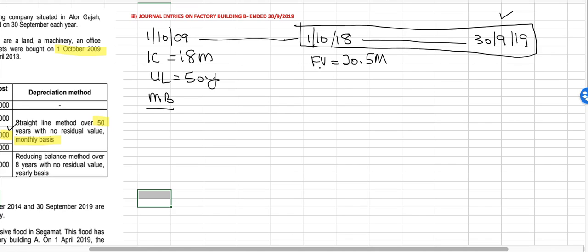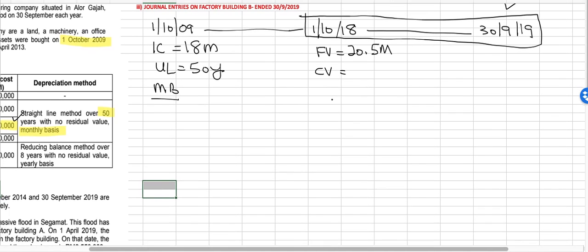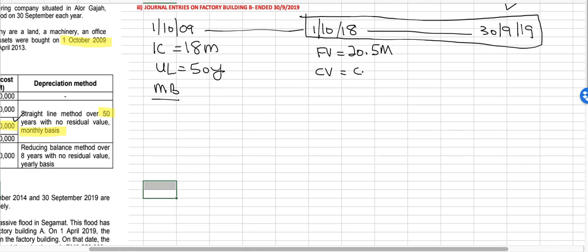When you revalue, you compare the fair value with the carrying value. Carrying value is cost minus accumulated depreciation. So we have cost of 18 million minus accumulated depreciation, from the date you purchase up to when you revalue.